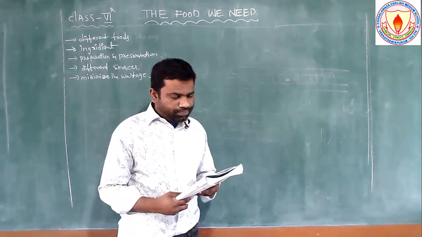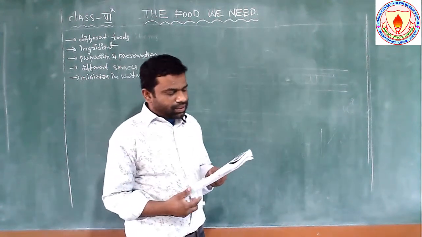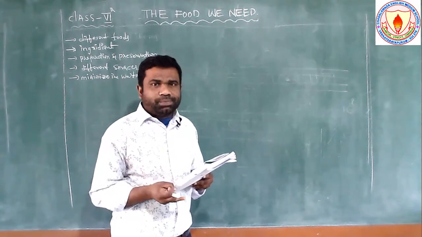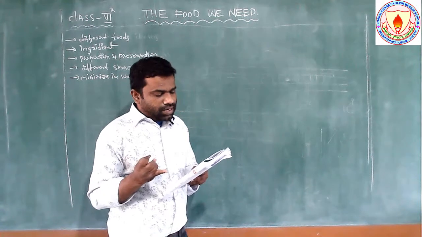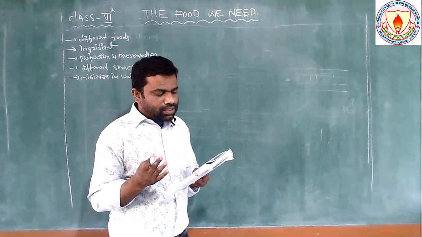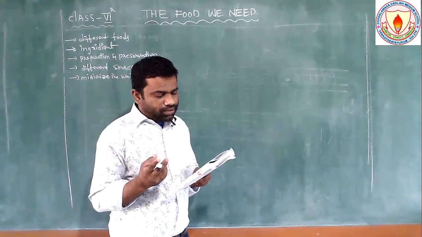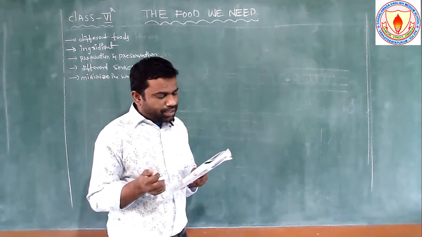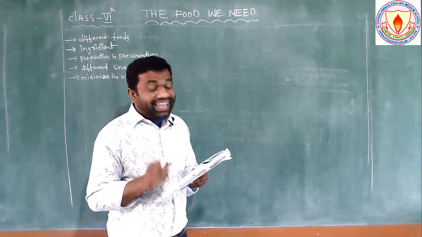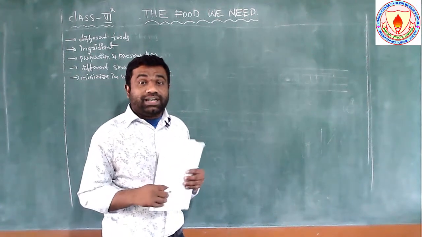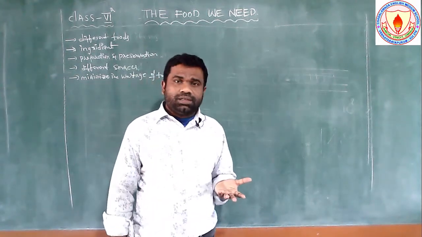What are those? First of all, rice. To make pulihora, you need rice, oil, salt, tamarind, chilies, turmeric, and asafoetida. These are the ingredients. Already we discussed what ingredients are.